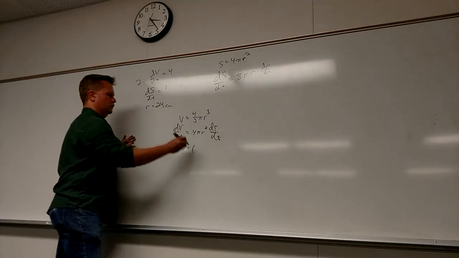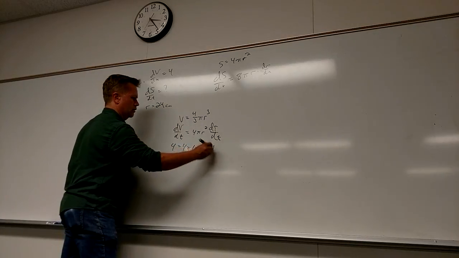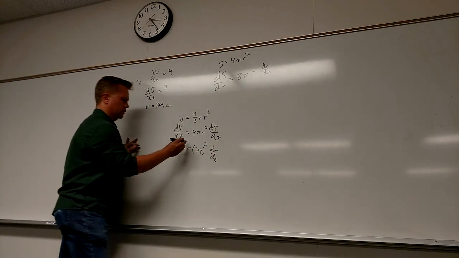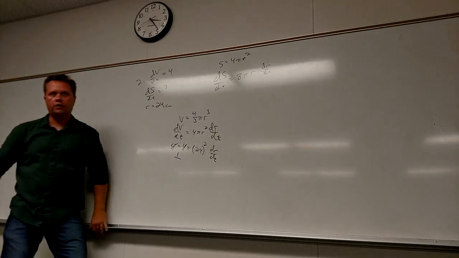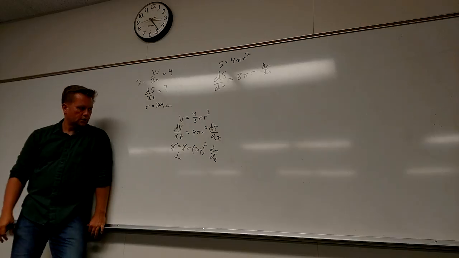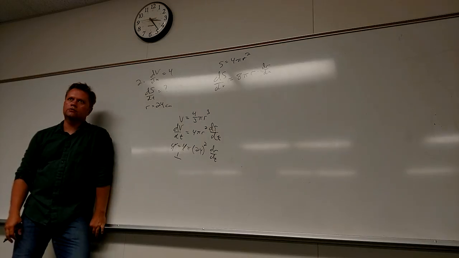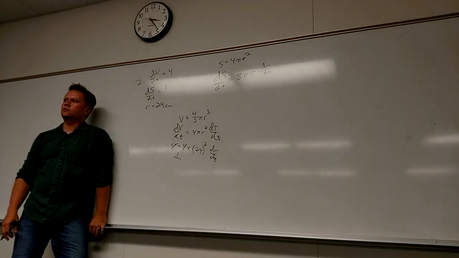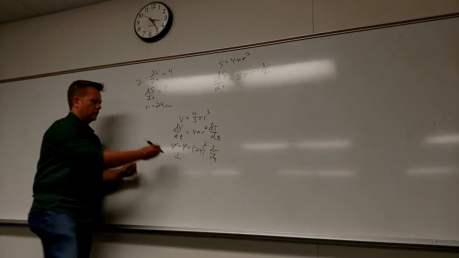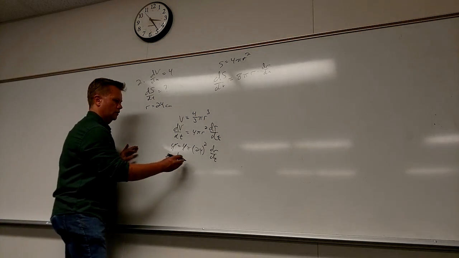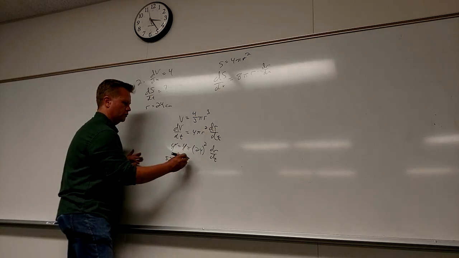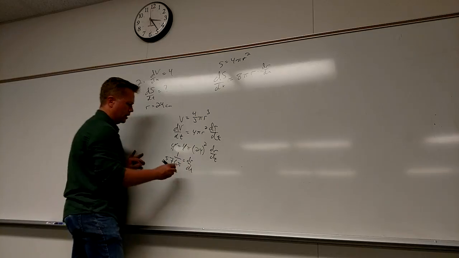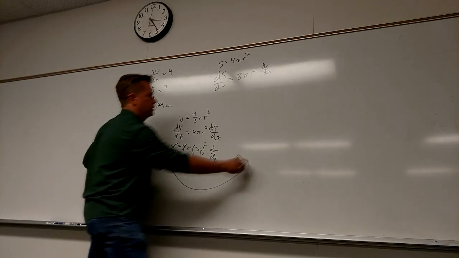We know r is 24. So now we can solve for dr/dt. The 4's cancel. I get 1 over 24 squared, which is 576, so 1 over 576 pi equals dr/dt. And now I can take that and throw it in there.